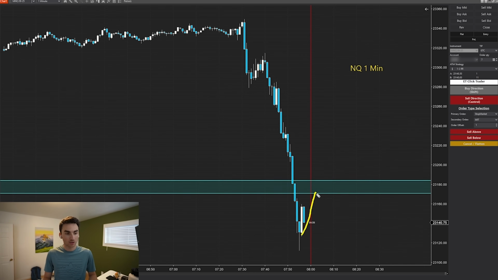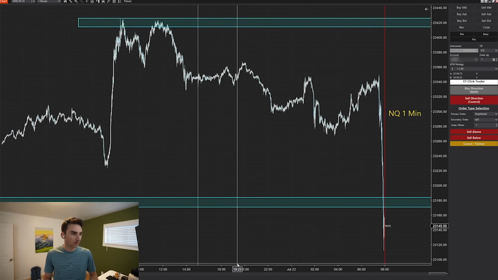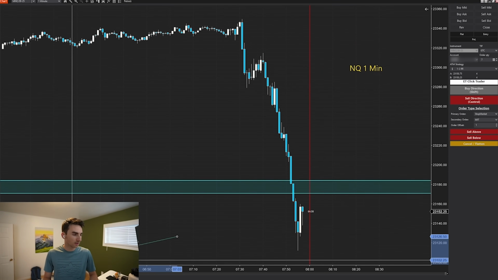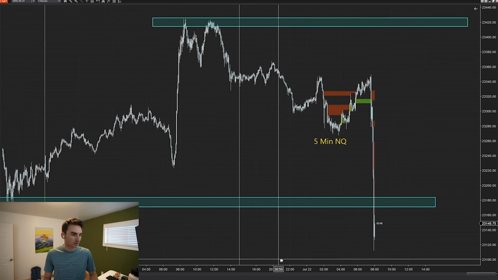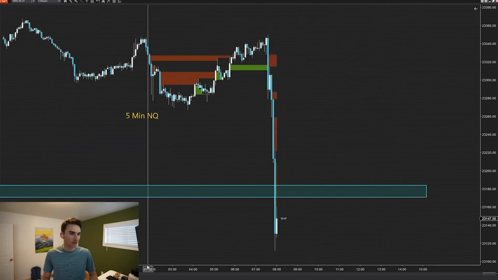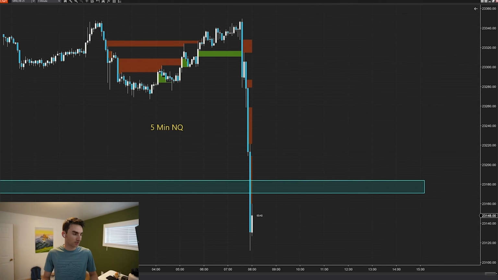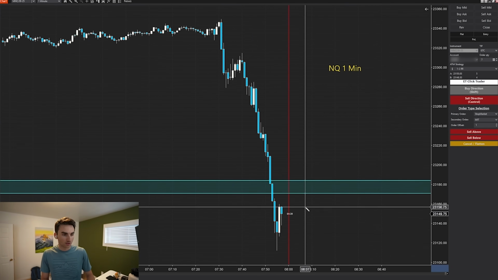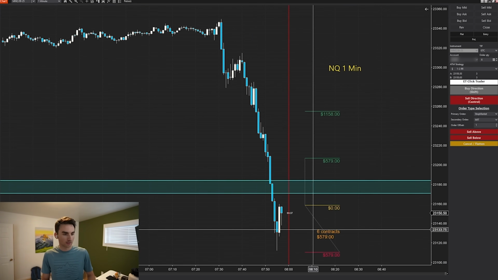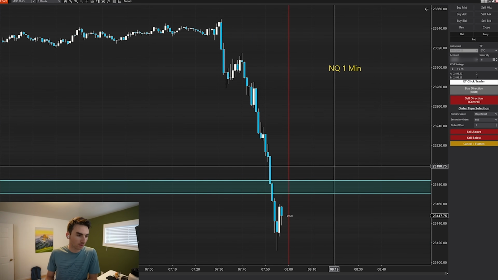Otherwise it could just come up here and keep selling off. And when there's this much momentum, you don't want to just jump in long out of the fear that, oh, there's a ton of this crazy move down and I can catch the whole swing up. That's not what we're looking for.